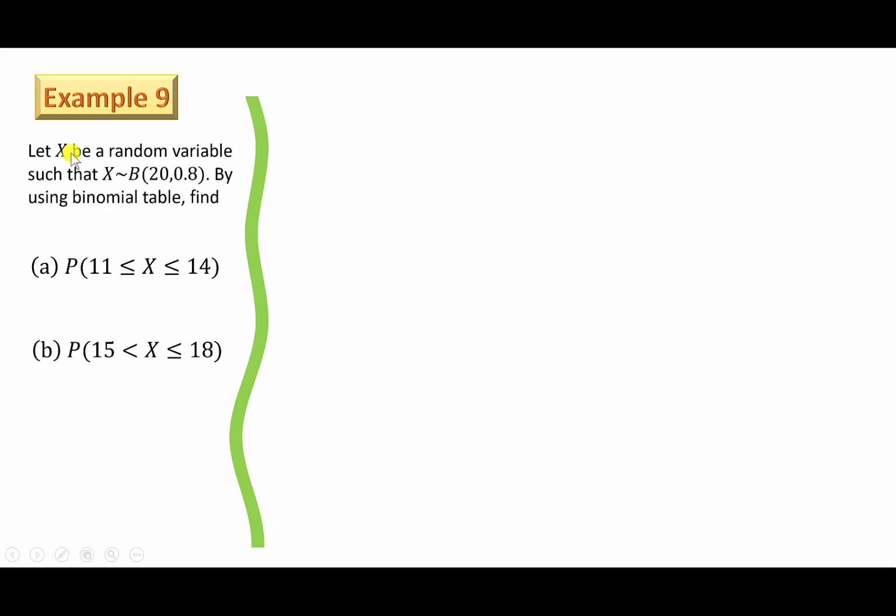Example 9. Let X be a random variable such that X is binomially distributed with n = 20 and p = 0.8. By using the binomial table, find this probability. For this example, we will find the probability in between. We want to find it where the probability of success is greater than 0.5.